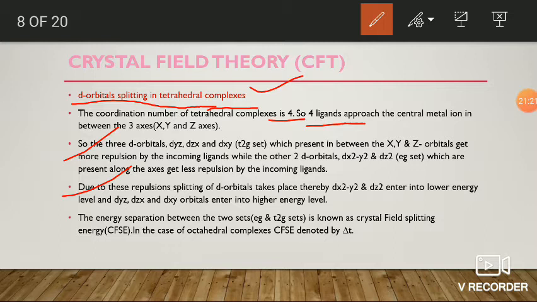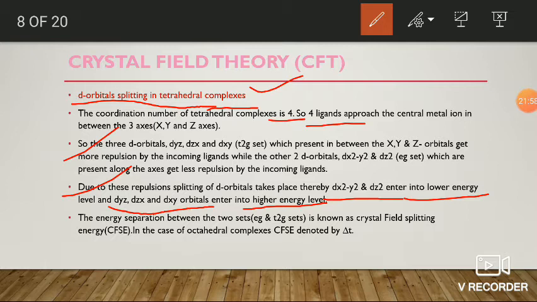Due to the splitting, the eg orbitals enter the lower energy level because there is less repulsion with the incoming ligands, as the orbitals are along the axes and the ligands approach in between the axes. But the other 3 orbitals, dxy, dyz, dzx, are located in between the axes, so they get more energy due to more repulsion with the incoming ligands and enter the higher energy level.